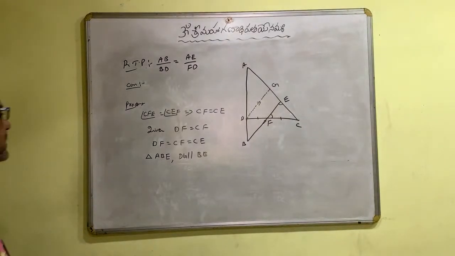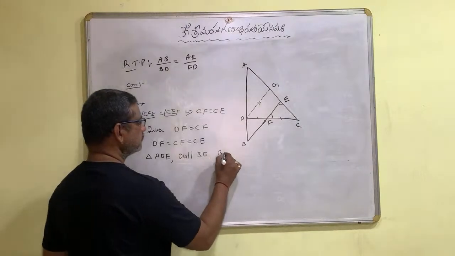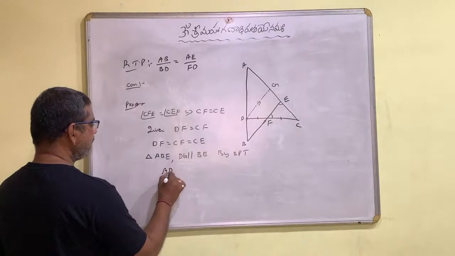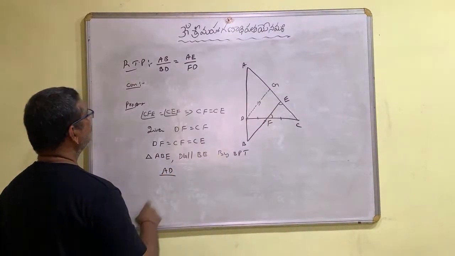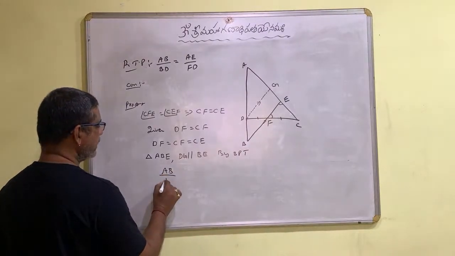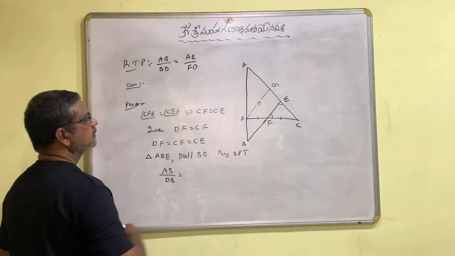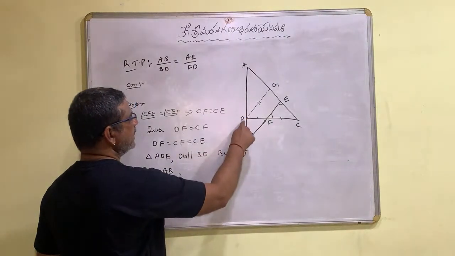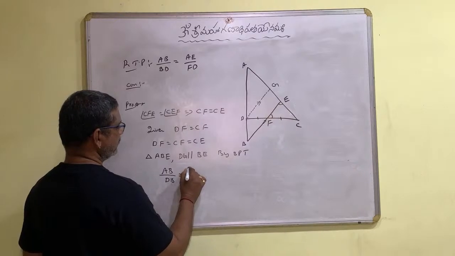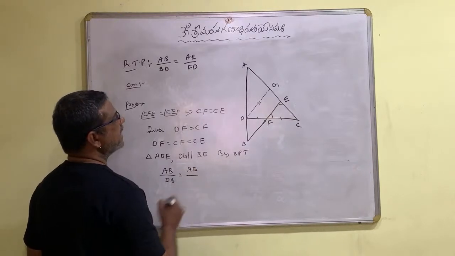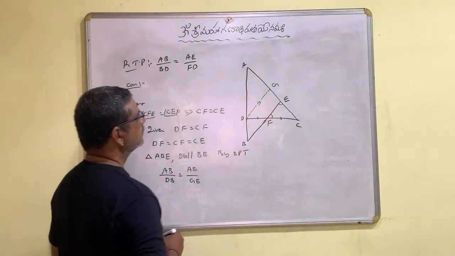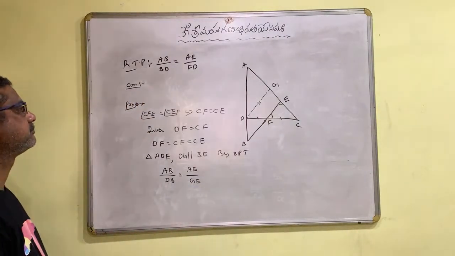So, by basic proportionality theorem, AB by DB, AB total by DB part, is equal to AE by GE. Okay?